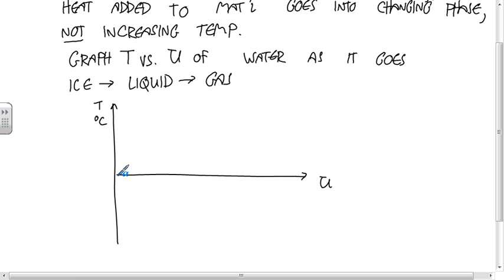So you start out with ice, and let's say we start out with ice that's colder than 0 Celsius. This is 100, the boiling point of water. So start out here and add energy.